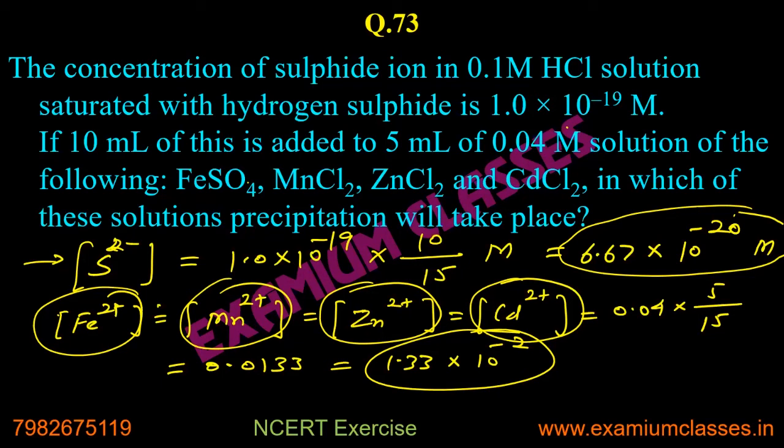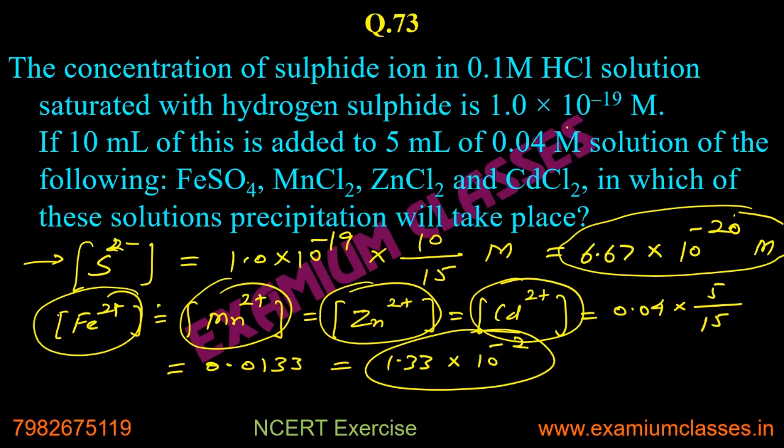Okay, now we can calculate the ionic product of iron sulfide, manganese sulfide, zinc sulfide, cadmium sulfide, all sulfides, to know whether precipitation will take place or not, and we will compare it with KSP values which we don't have here. Okay, in examination those will be given.